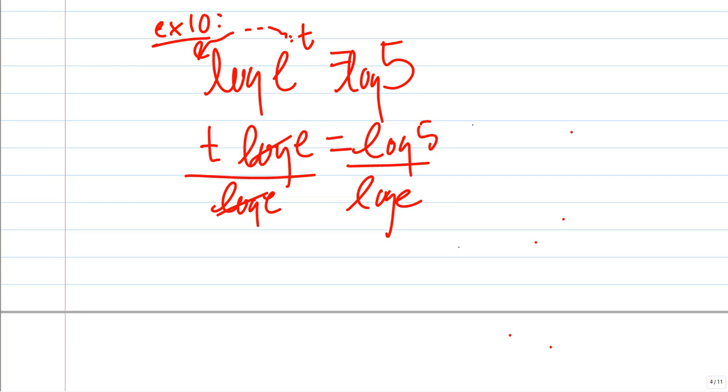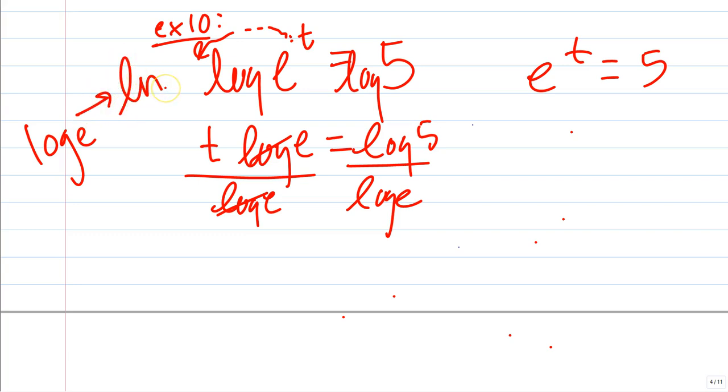But there's an easier way. See, we were able to undo the base 10 last time really easily because we had a log base 10, right? Well, here I have e to the t is equal to 5. If there were only some way of doing a log base e. Well, there is. It's even in your calculator, right? Log base e is the natural log.